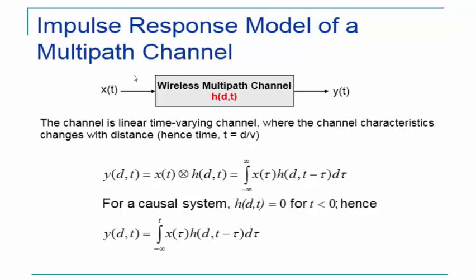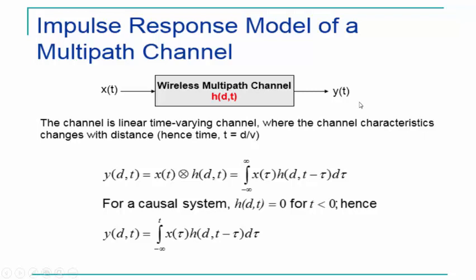For the given radio channel, we can draw the impulse response model of the multipath channel like this. In this figure we can see x of t is the input signal, then h of d comma t is the impulse response, as it is assumed to be a linear filter. So the wireless multipath channel with h of d comma t, and y of t is the output signal from the channel.